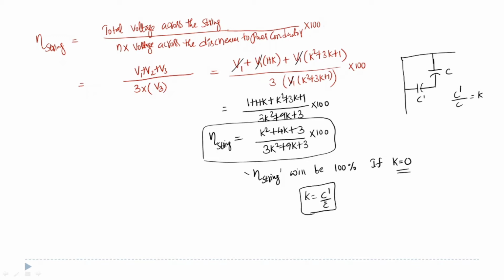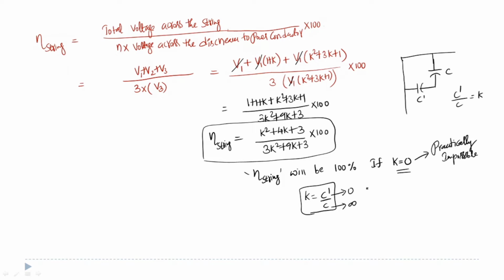Now we will see the different ways of reducing the K value, because K equal to 0 is practically impossible. Ideally you can have K equal to 0, but practically it is impossible. Why? If you want to make K as 0, either C dash must be 0 or C must be infinite.